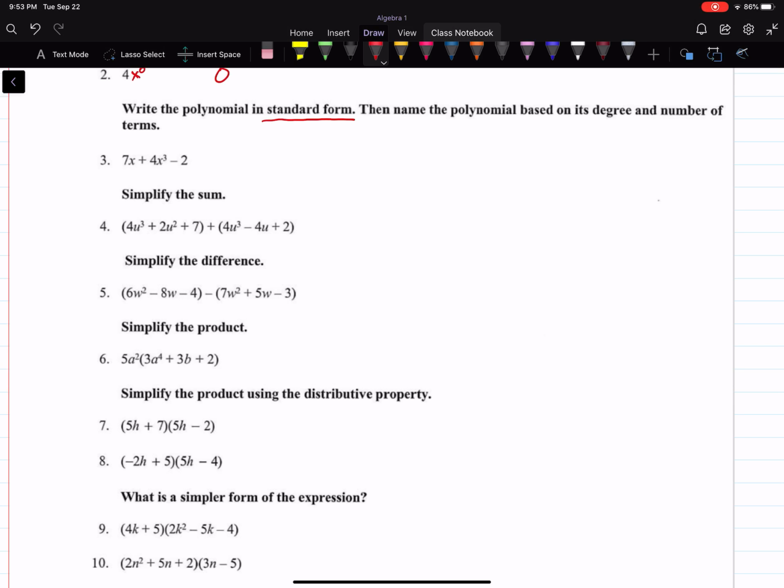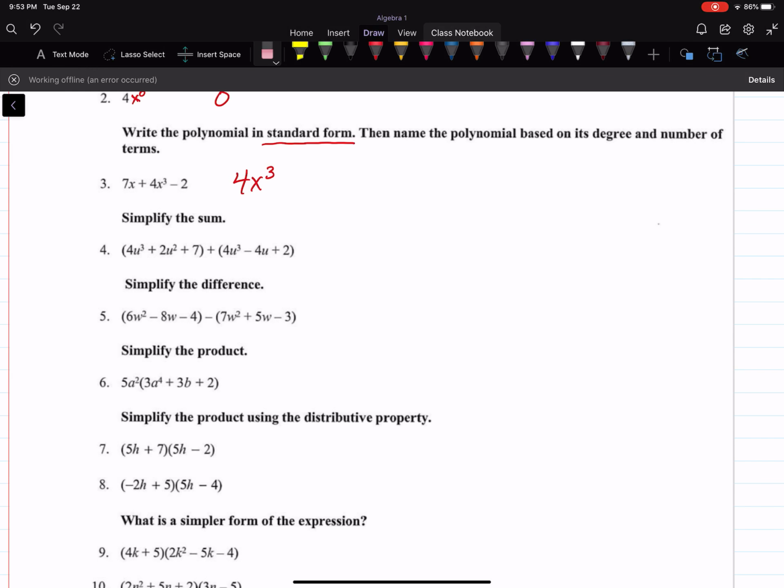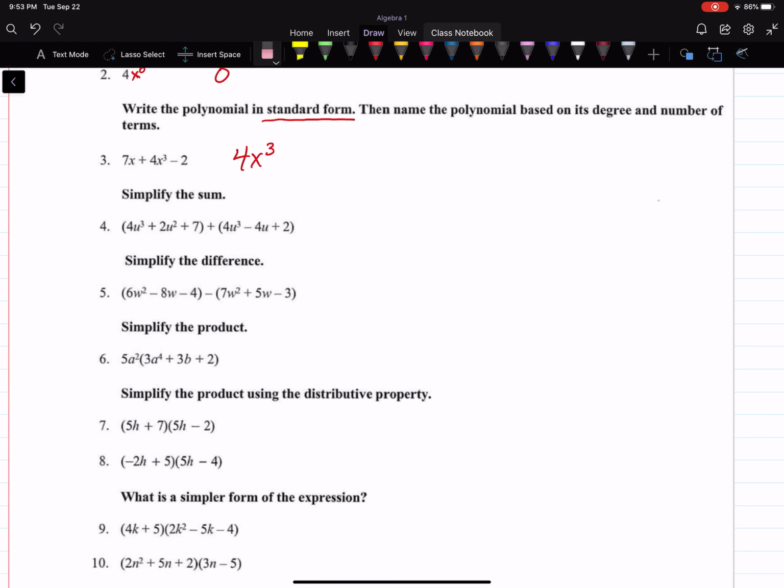The highest degree here is to the third power, so 4x to the third comes first. The next highest degree is 1 in that 7x term, so plus 7x. And then the lowest degree is just the constant, so -2. So that is in standard form.